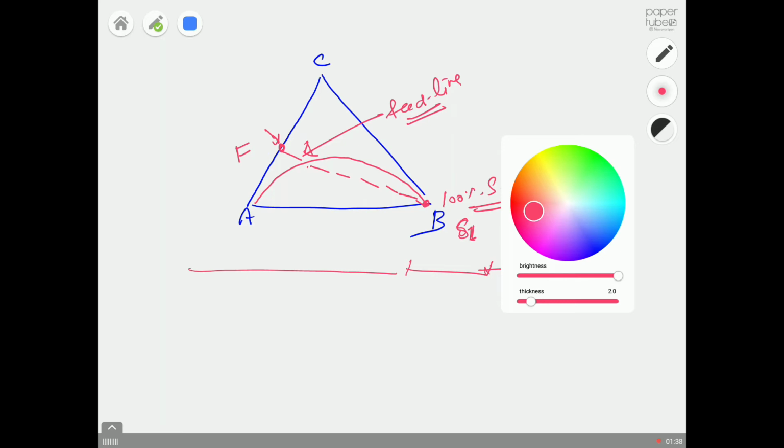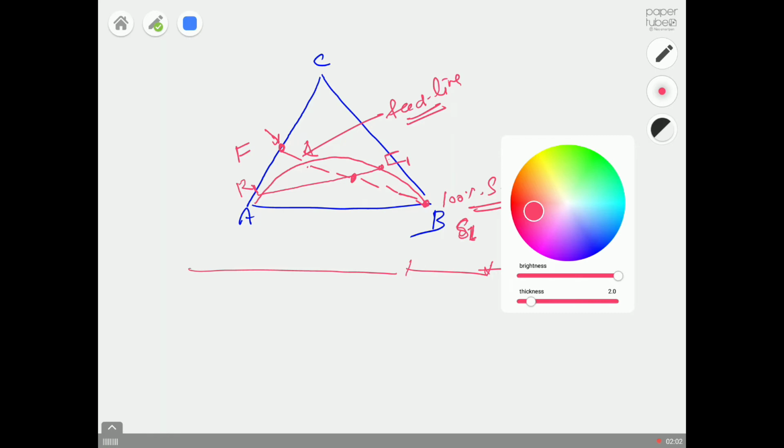Why we plotted this graph and this feed line is that if we have any mixture at this point, and if we have any tie line that cuts through that point, say this will be your extract side, this will be your raffinate side. Let's stick to the same rule, E1 R1.